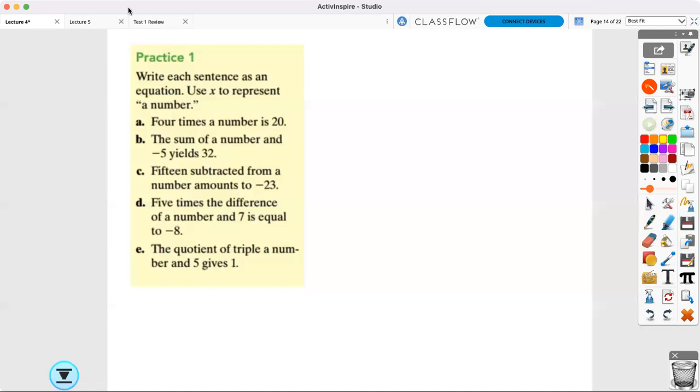All right, guys, let's take a look at the practice problems. I'm gonna go ahead and get out a pen. A. Anyone want to share what they got for A? 4 times a number is 20. 4 times x equals 20. That is correct. Good job. All right.